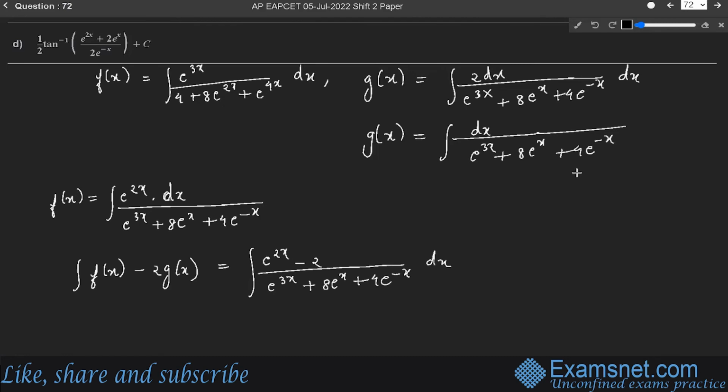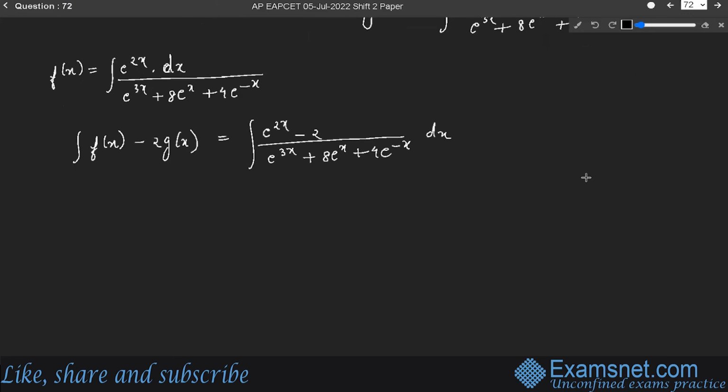Again, multiplying and dividing by e to the power x, here we get integral of e to the power x into (e to the power 2x minus 2) divided by e to the power 4x plus 8 into e to the power 3x plus 4 dx. This is the step that we have got after multiplying and dividing by e to the power x.